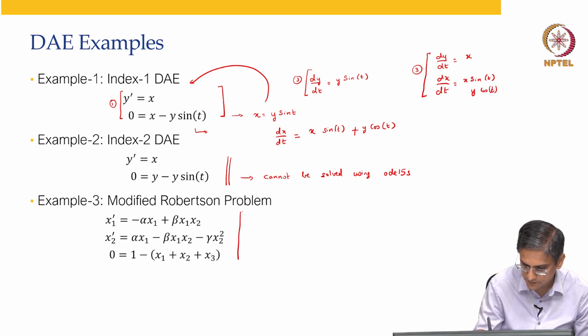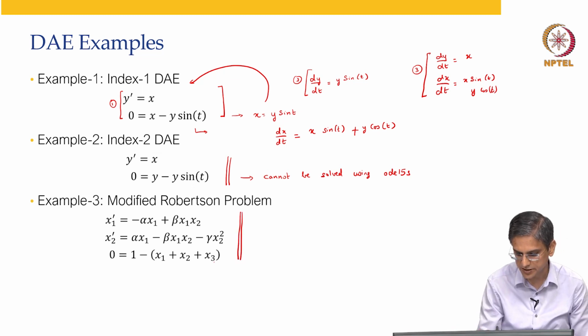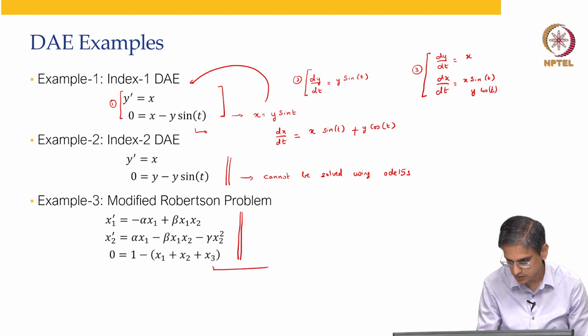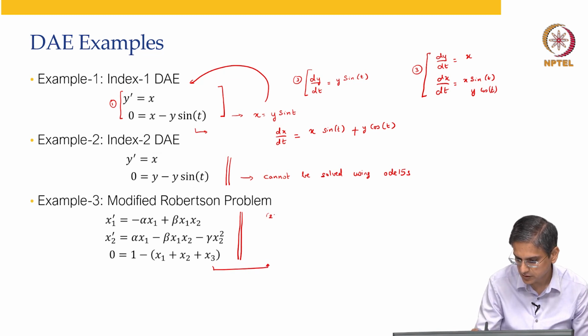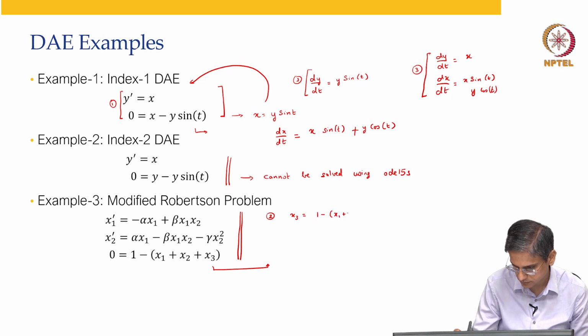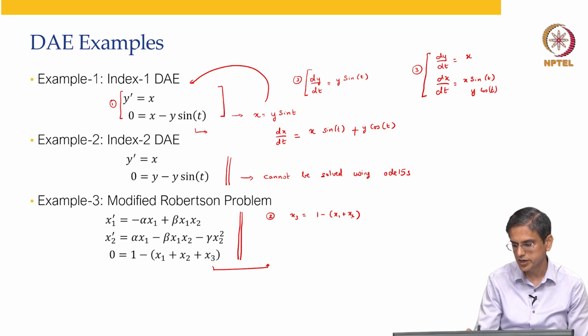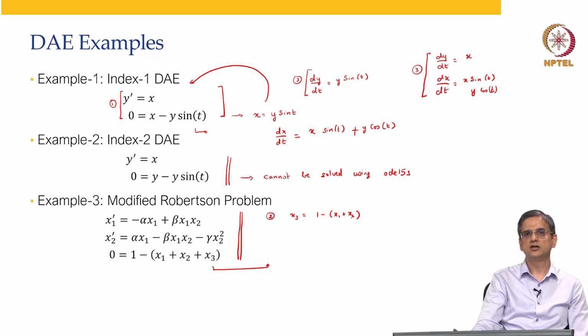In the third example, just as we had done earlier, the second approach is going to be to write x3 as a known equation.